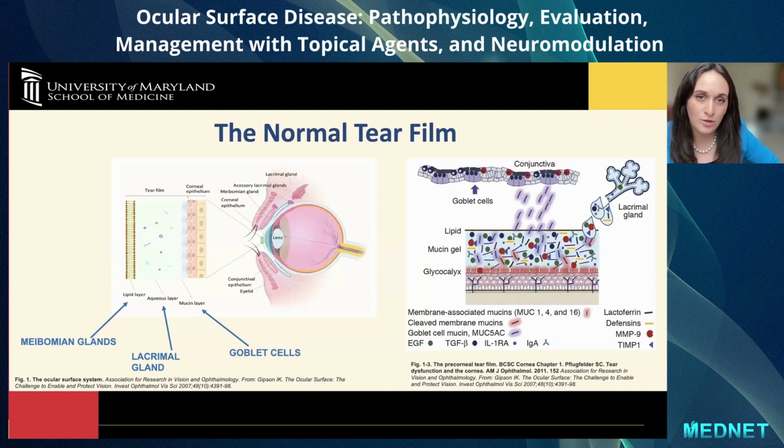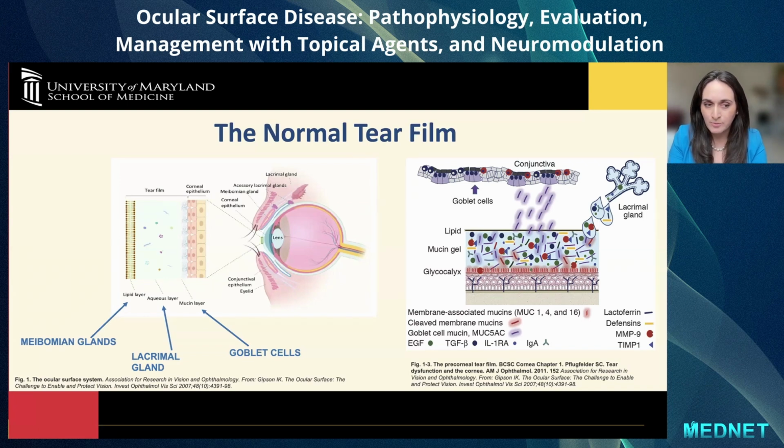So to start off with the tear film, the tear film is really a critical component to the ocular surface. The air-tear interface has the highest refractive component of the eye, and the tear film classically has three different layers: the lipid layer, aqueous layer, and mucin layer.